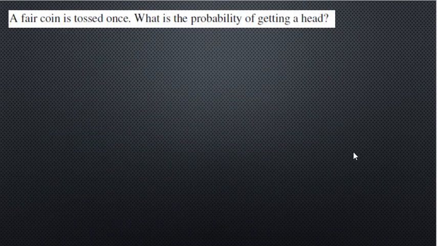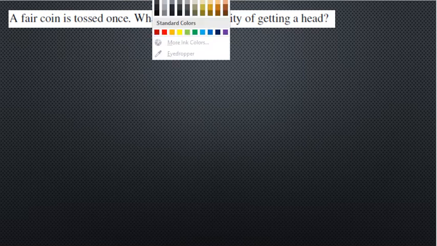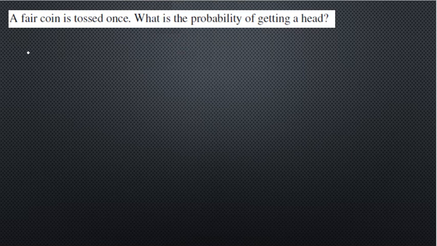Here is the first example. It says a fair coin is tossed once. What is the probability of getting a head? It's a coin, so there are 2 possible outcomes here. The sample space is just 2, because either head or tail comes up. So the number of the sample space is equal to just 2. What is the probability of getting a head?